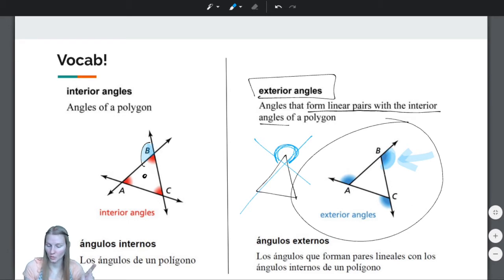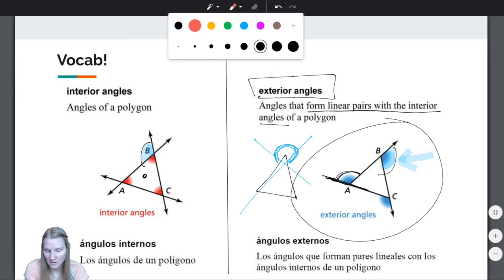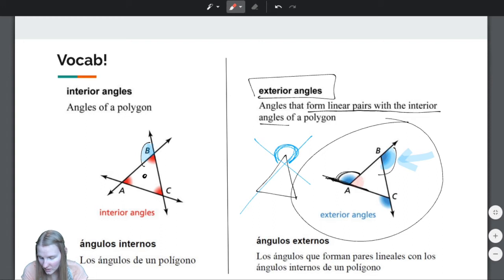We only want to count one exterior angle for each vertex. So, we're taking each vertex, A, B, and C, in this case because it's a triangle. We're taking each vertex and extending one of the sides and taking the angle that forms a linear pair with the interior angle.